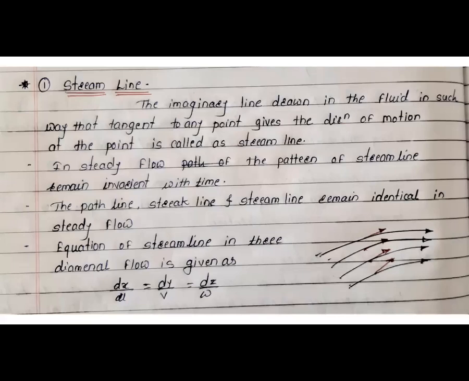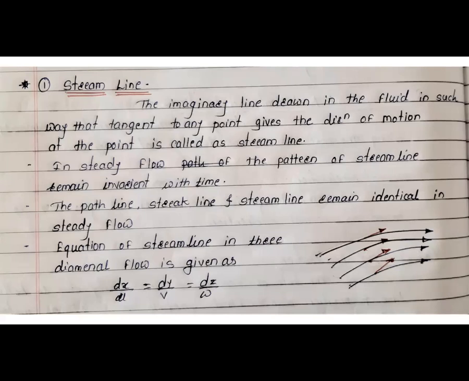So a streamline is the imaginary line drawn in the fluid in such a way that the tangent at any point gives the direction of motion at that point. It's called a streamline. So whenever we are discussing streamlines, it also shows in which direction the flow is flowing.